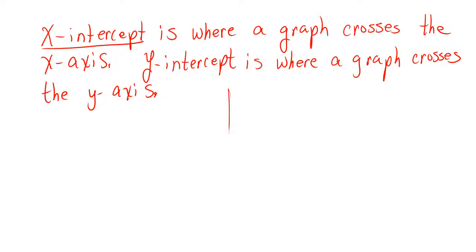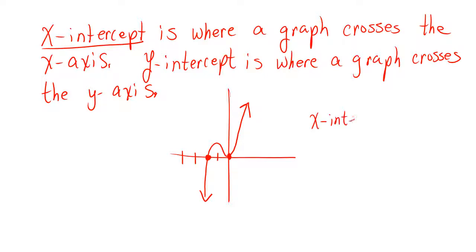Here is an example. Let's say you have a curve that looks like an S-curve, but it's really a strange little S-curve. We have a point right here, a point right here, and we want to find the x and the y intercepts. First, the x-intercept. It is possible that a graph can have more than one x-intercept. If you notice here, we have the graph crossing in the center at 0 and over to the left at negative 2.